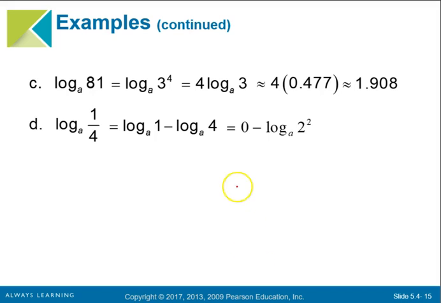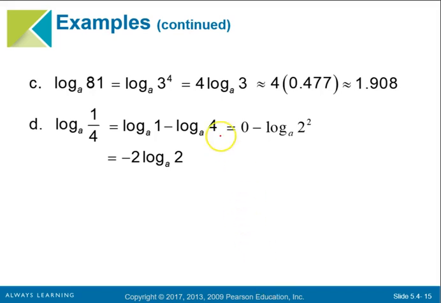Now you're going to have log base a of 2 squared for that 4. We have our choice of 2 and 3. We don't have any other options. So in this case, it's the 2 squared, and then we're going to pull that 2 down in front. So it becomes a negative 2.